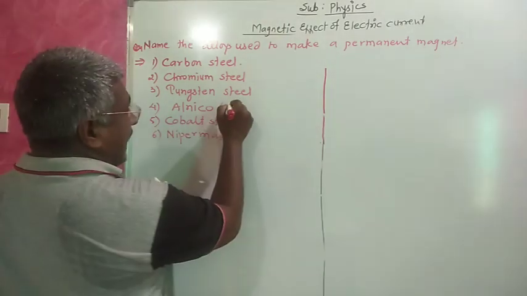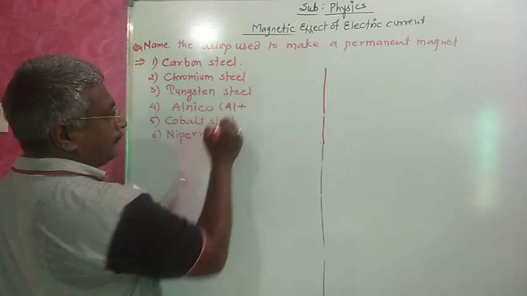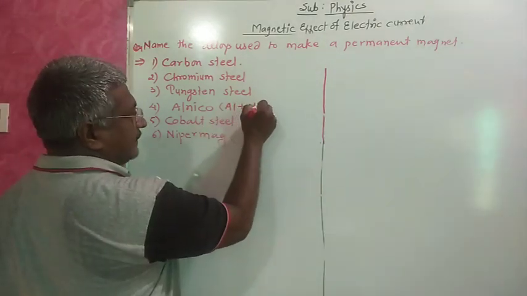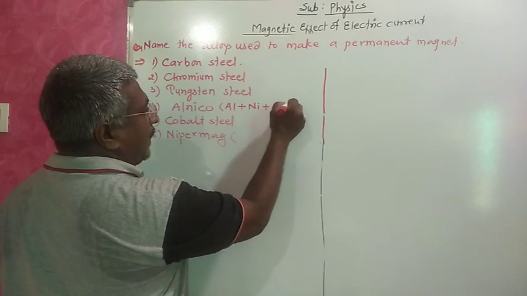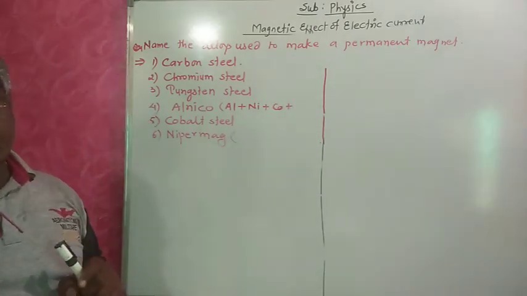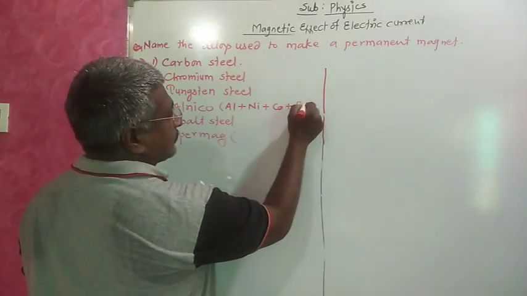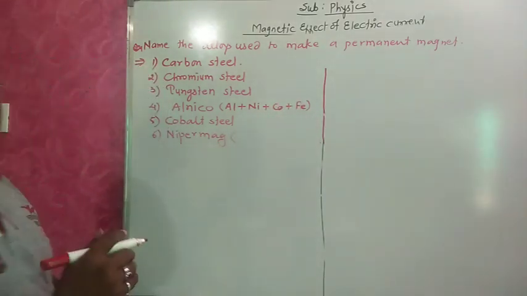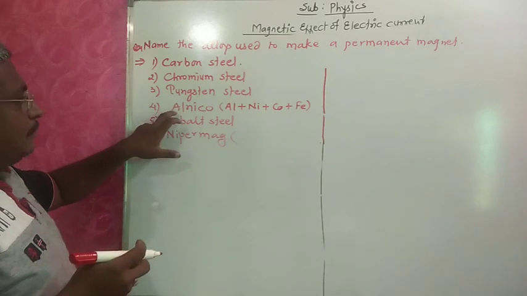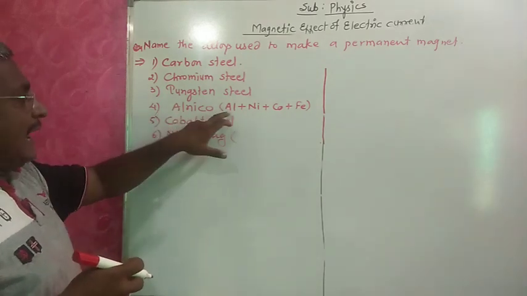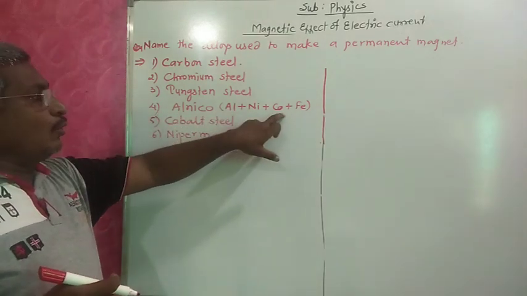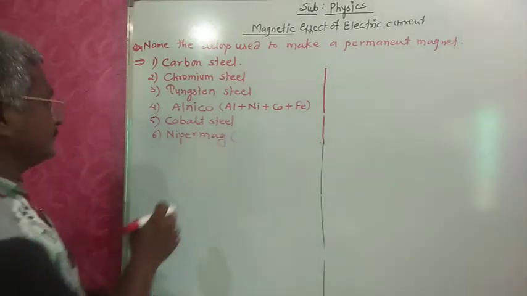Aluminium, nickel, cobalt and iron. Which elements are used for making alnico alloy? Aluminium, nickel, cobalt and iron.